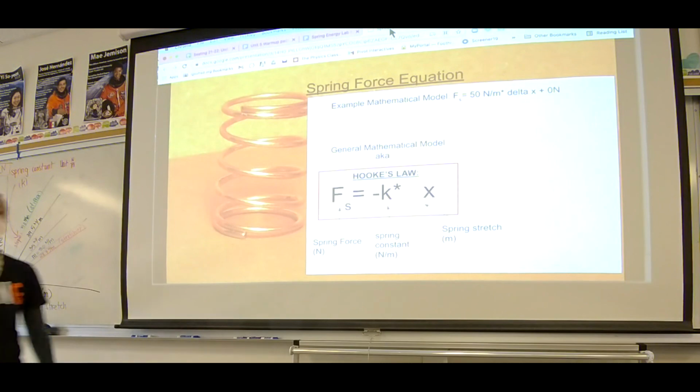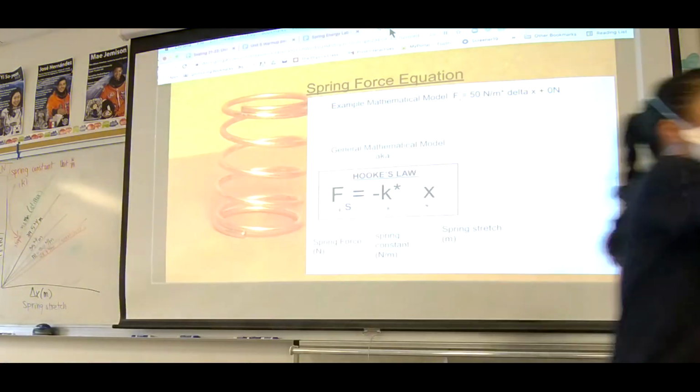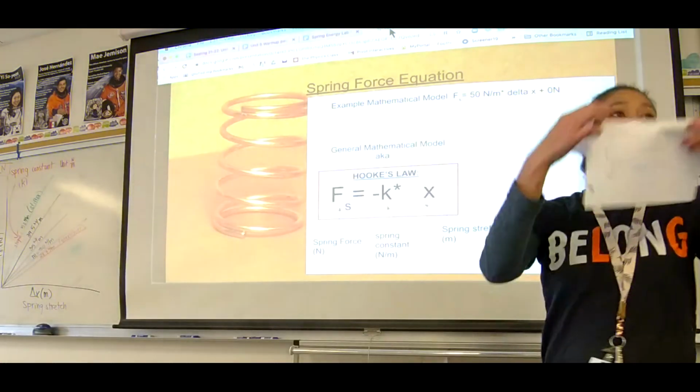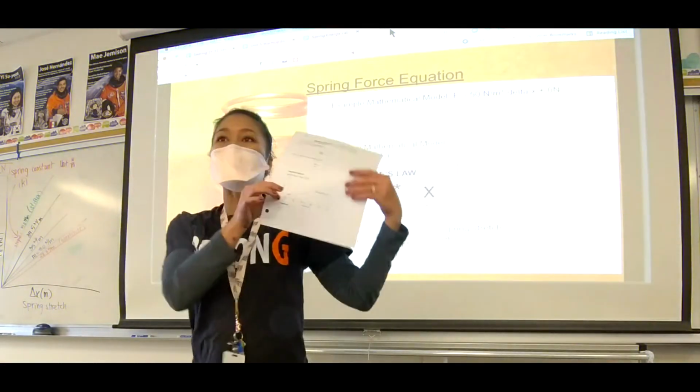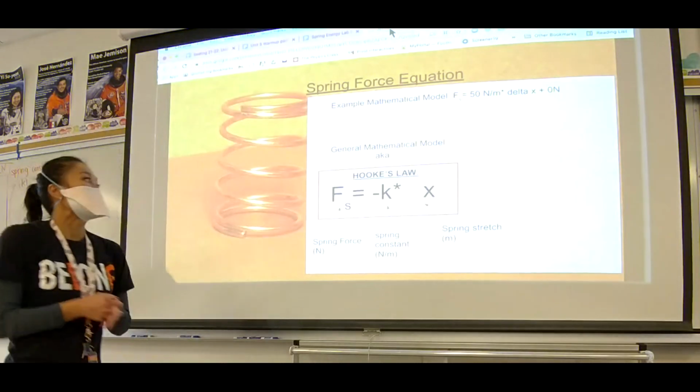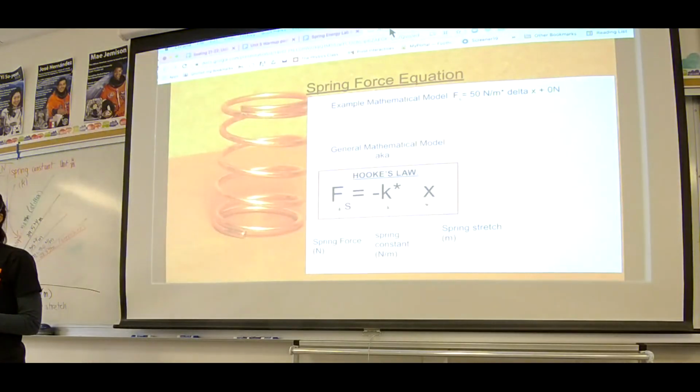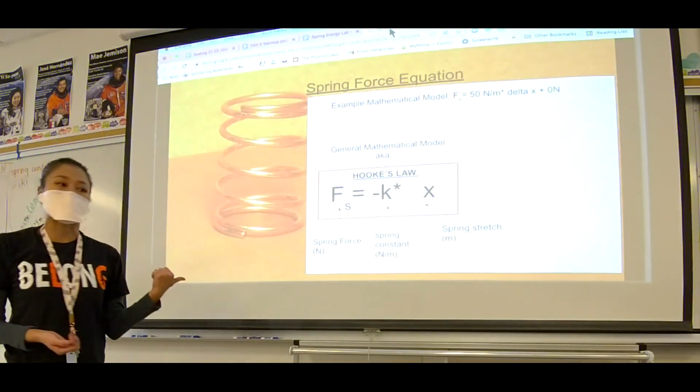You're going to write it in the bottom half. This is the bottom half right here. Under equations, you can write down this equation. Hooke was the one who came up with this relationship, so they called it Hooke's law.